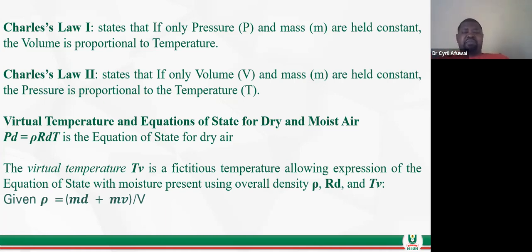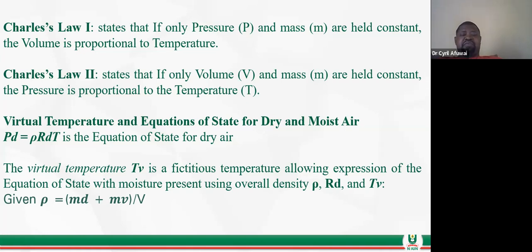Now, the virtual temperature and equations of state for dry and moist air. P equals rho R T, where T is the temperature, is the equation of state for dry air.